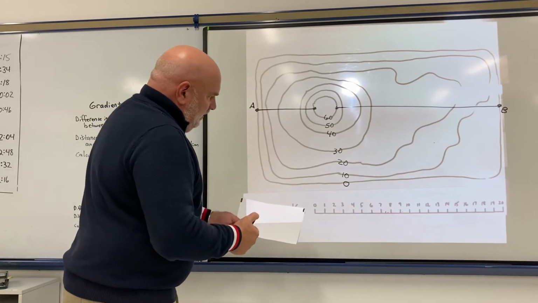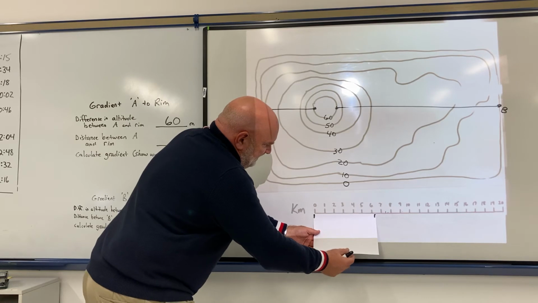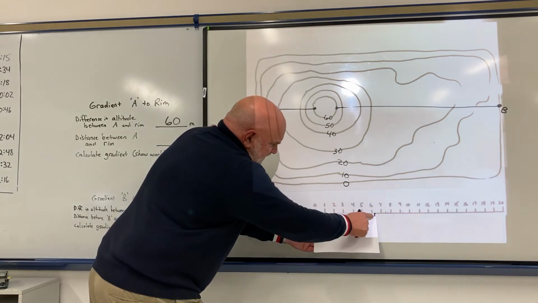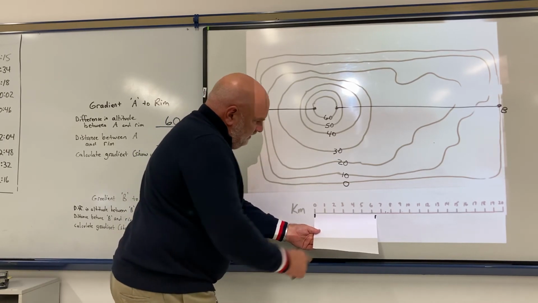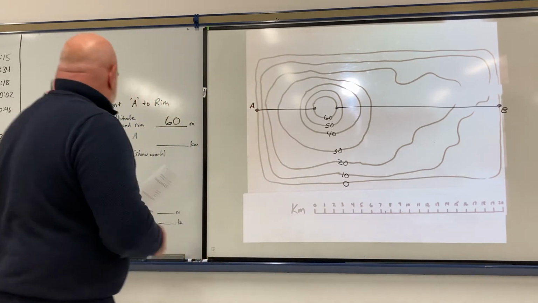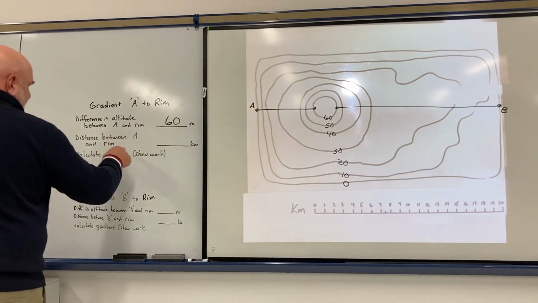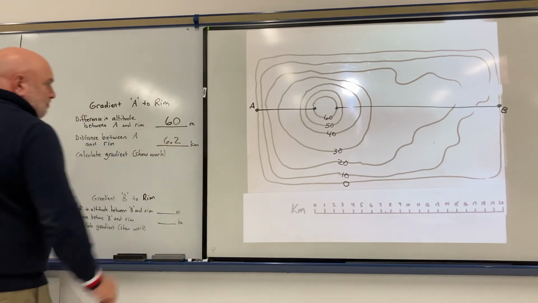Anyway, so I go to my scale right there and I see that's maybe like 6.2 kilometers. So it's a little bit past 6, so maybe about 6.2 kilometers. So distance between A and rim, I got 6.2.